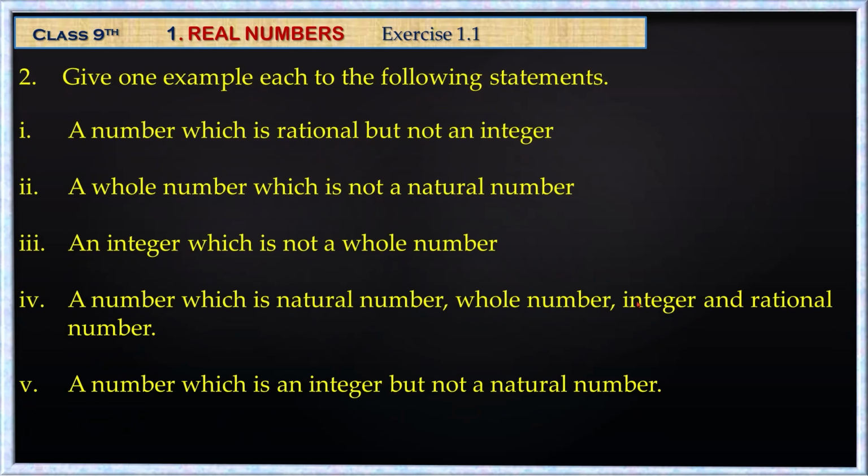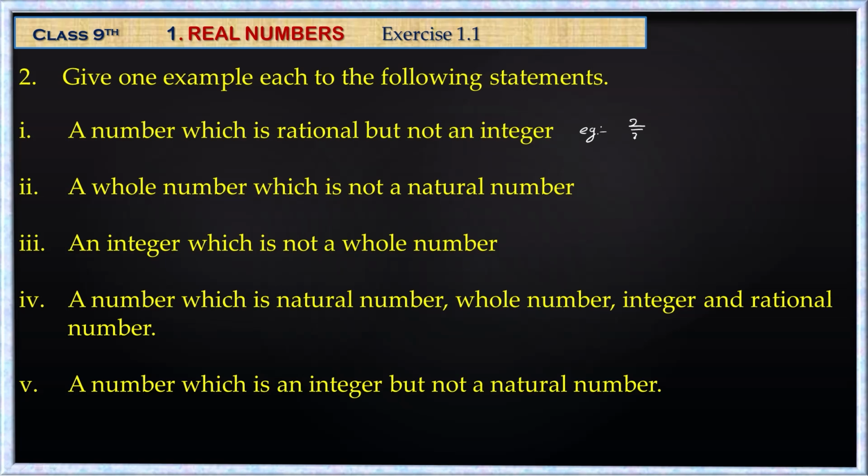Next problem, give one example each to the following statements. First one, a number which is rational but not an integer. We can give examples which are in the form of p by q.